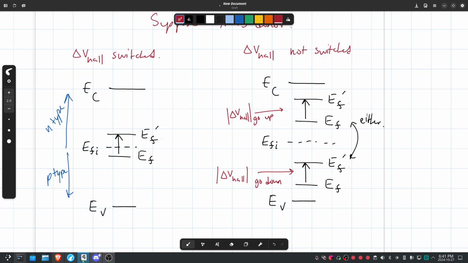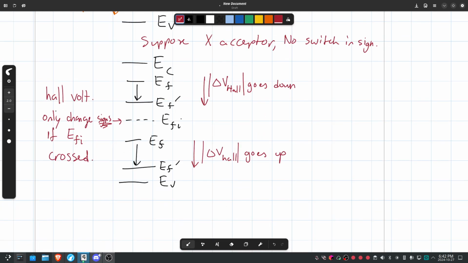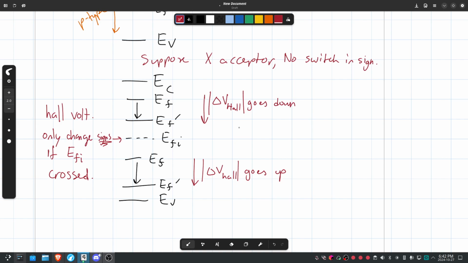Remember, at EFI, there's no Hall voltage. At EFI, Hall voltage is 0. Same thing here. Two scenarios.